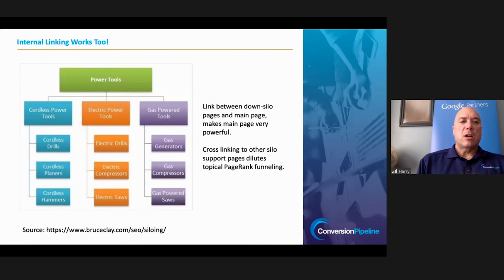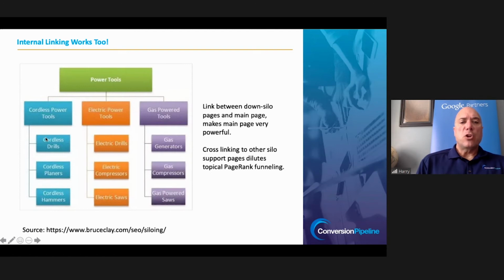So here I've got a simple example of a website that has a section on power tools. Here you see kind of 3 silos of information. We've got cordless power tools, electric power tools, and gas power tools. These silos of information: the deeper this silo is, the more credibility and authority it has.